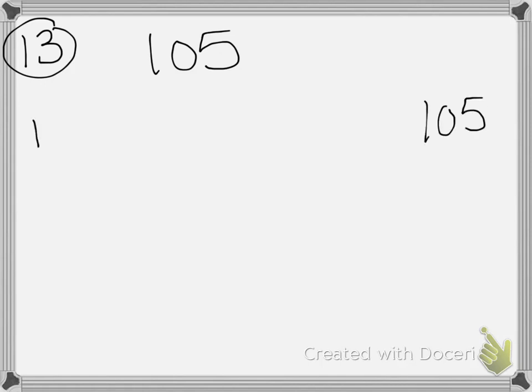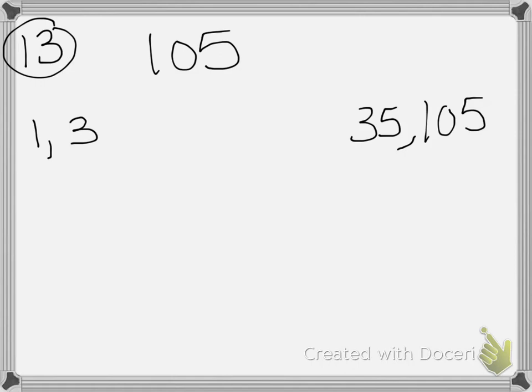13 says 105. So now we need to list the factors of 105. So I have 1 and 105. 105 can be divided by 3, and you get 35. Cannot be divided by 4.